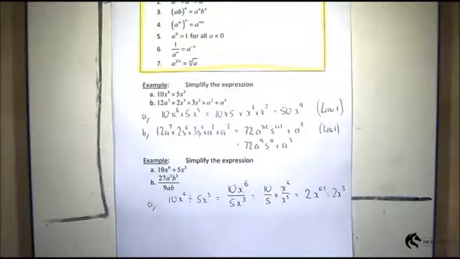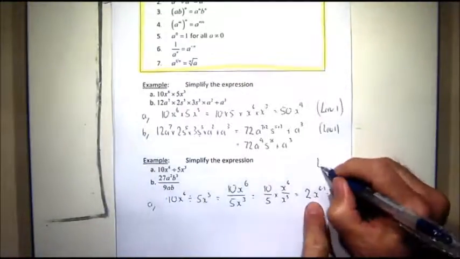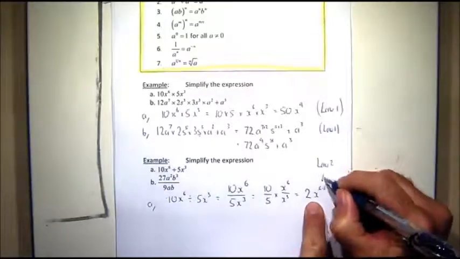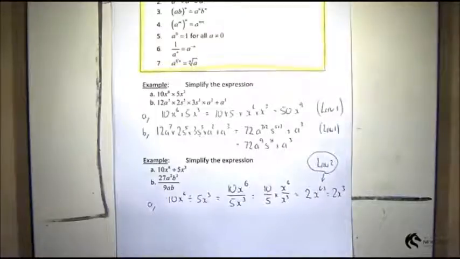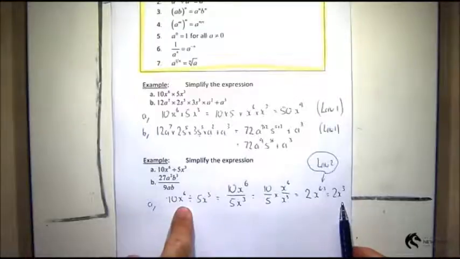And in here, in that little phase there, I use law number 2. I imagine once you get going, you can go straight from there to there without the lines in between. But perhaps while you're still sorting the laws out in your own mind, you might want to put the steps in. It's up to you.